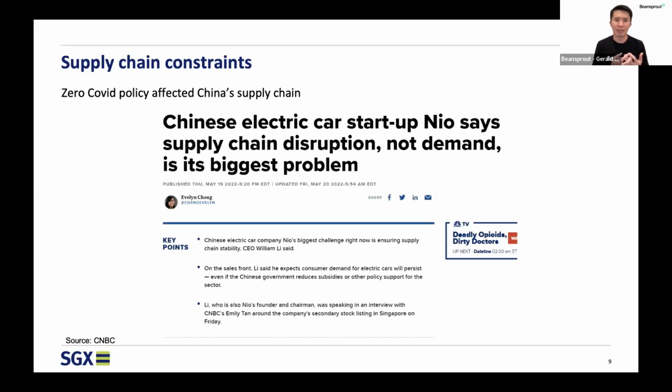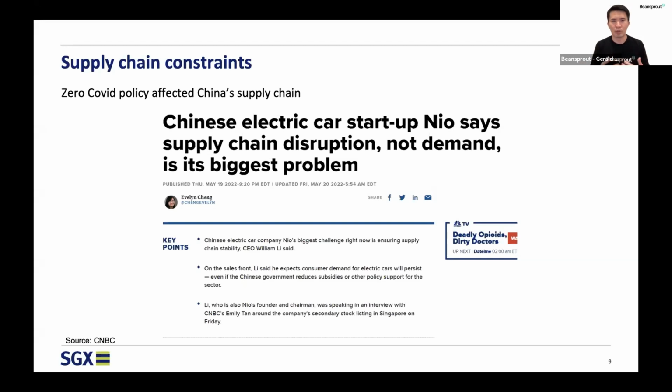This affected indirectly because the components that go into an electric vehicle might not be available. This started with, say, the semiconductors last year, continued through this year, which is why the supply chain impact has impacted the production of the electric vehicles.